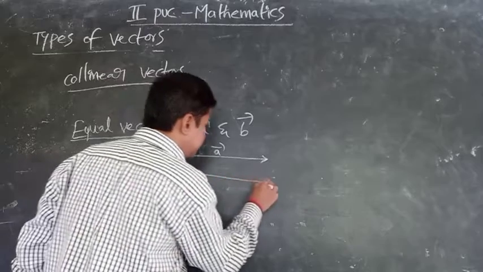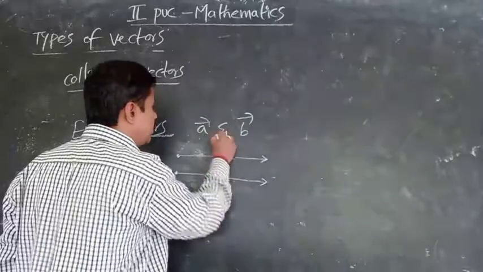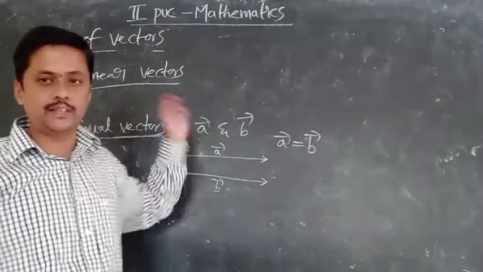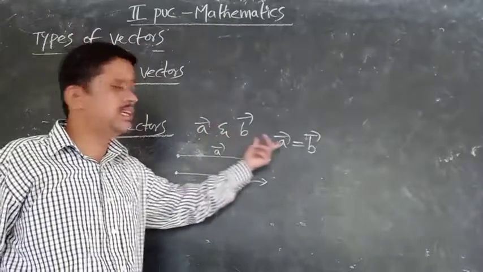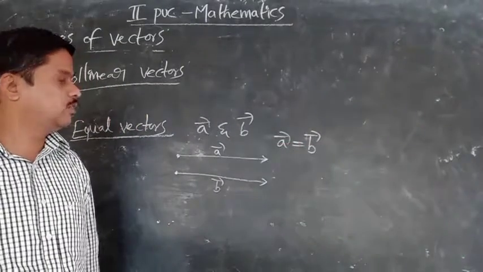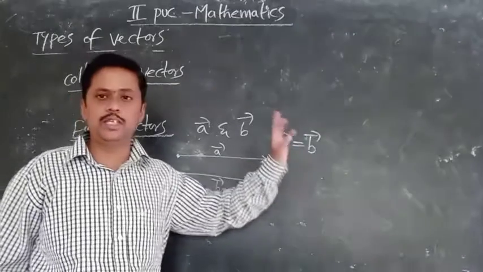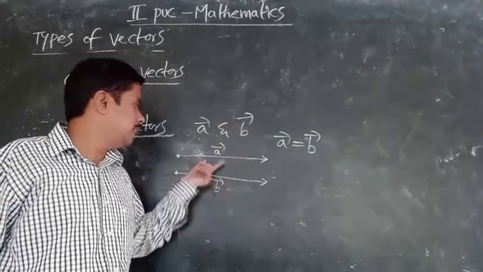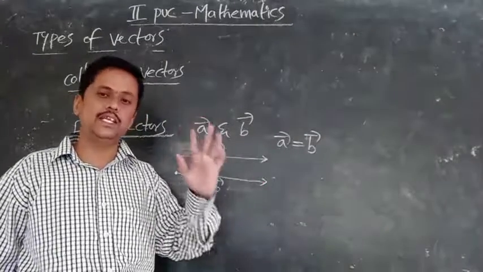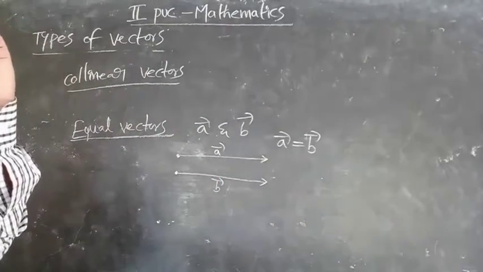Therefore we can write a vector is equal to b vector. In equal vectors, both the magnitude and the direction are the same. This type of vector is known as equal vectors.